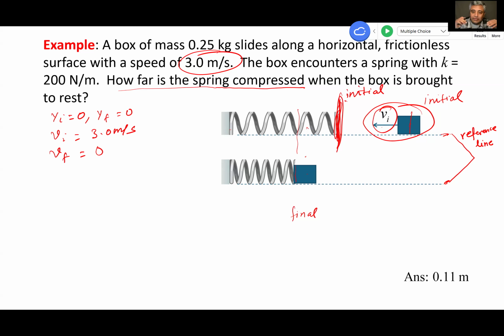It's relaxed. We say the spring is in equilibrium. So that means the initial stretch or compression is 0 for the spring. And how about final? It goes from here to here, so that is the final stretch. Whatever this value is, that's what we want to find.